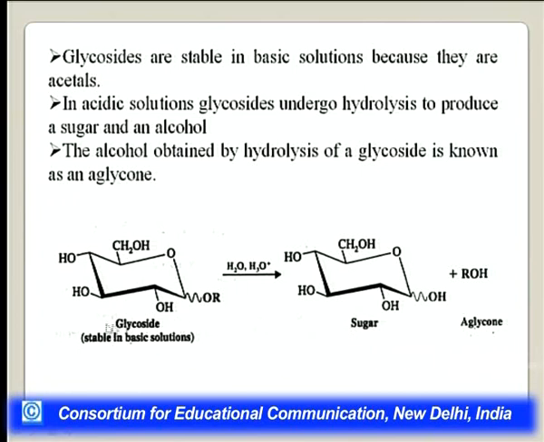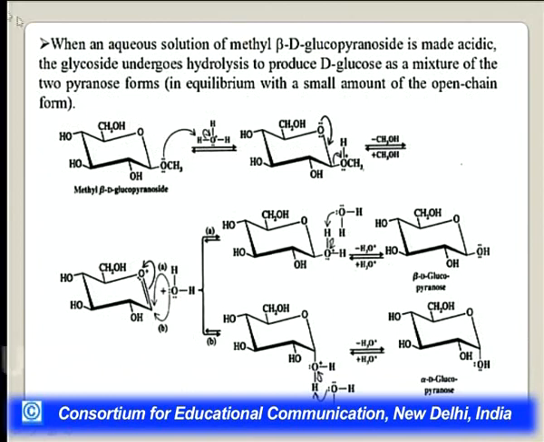Here you can see this is a glycoside of glucose, and it shows alpha or beta, either beta or alpha. We have taught you that it is stable in basic solution, but as far as acidic solution is concerned, it undergoes hydrolysis. So this alkoxy group, the OR group, changes to a hydroxyl group, along with the alcohol ROH, which is the aglycone.